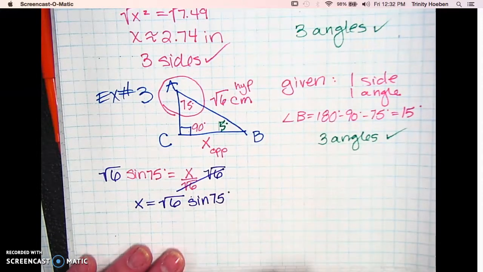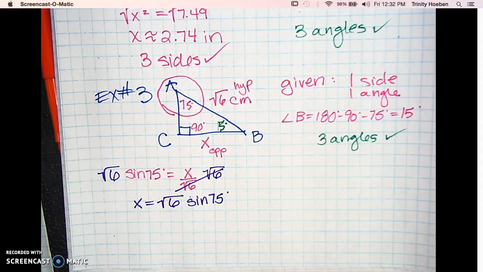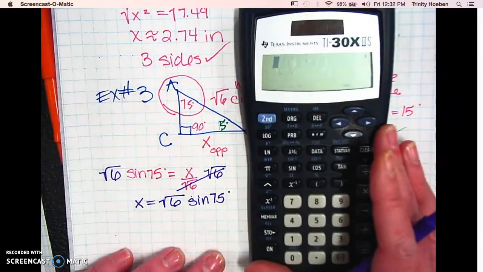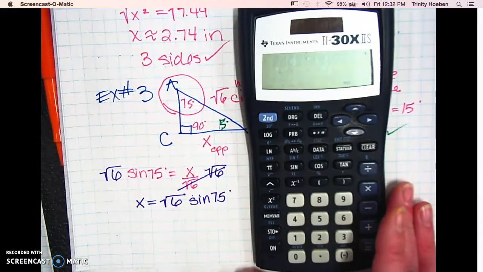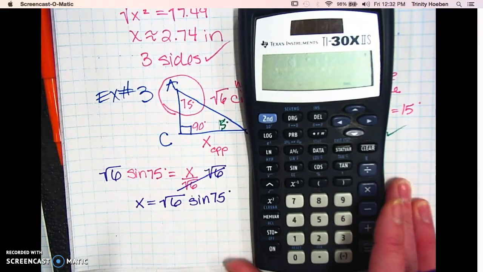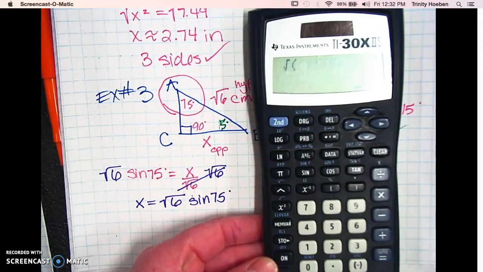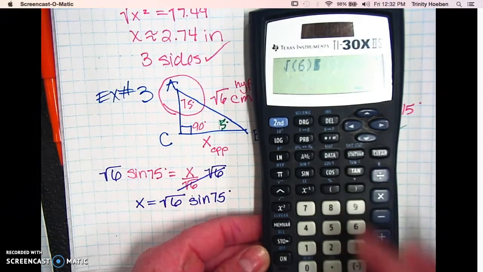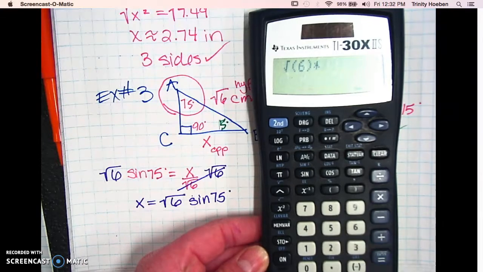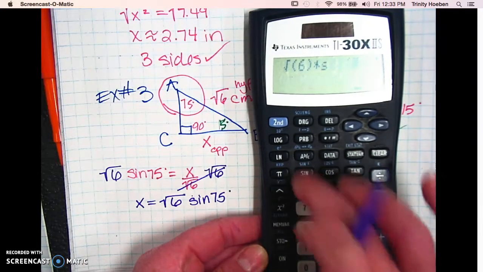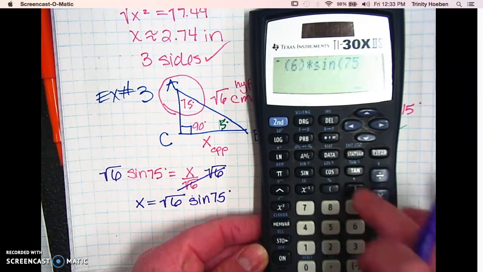Which looks super complicated, right? Too bad I don't have a calculator. Oh, wait, I do. Okay? Calculator is going to do this whole thing for you. Don't try and do this in your head because you can't. So you're going to go second square root of 6. Make sure you close that parentheses off and then multiply by the sine of 75.